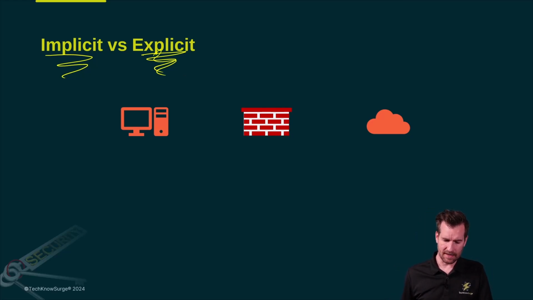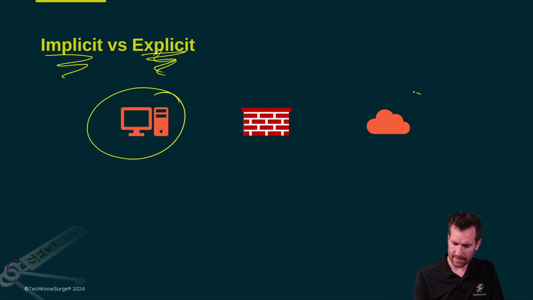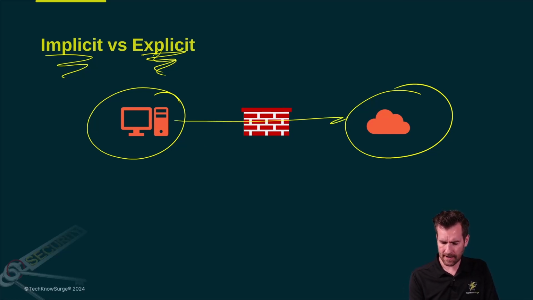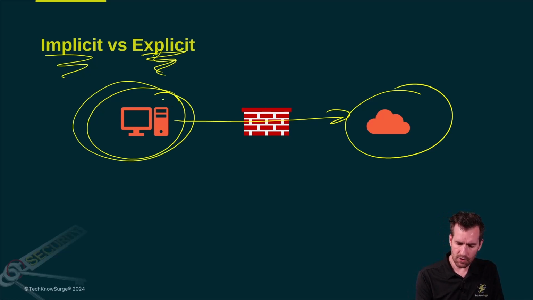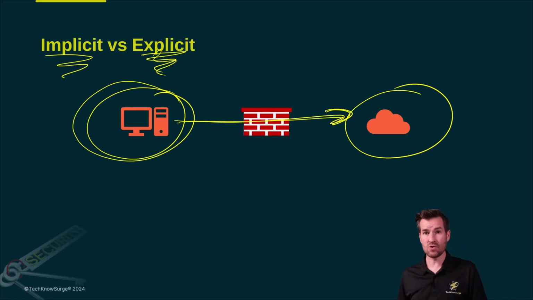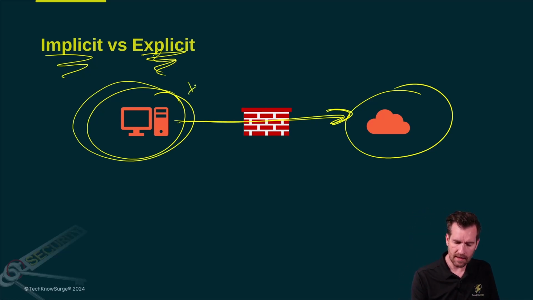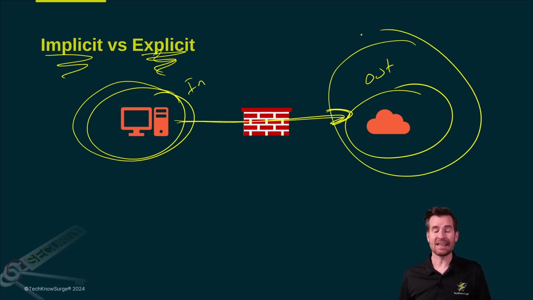So an example of this is if a computer is trying to talk out to the internet and going through a firewall, there's a direction that happens here. For this computer to talk out to the internet, so going from inside your network to outside, the outside is considered untrustworthy versus the inside is considered trustworthy.